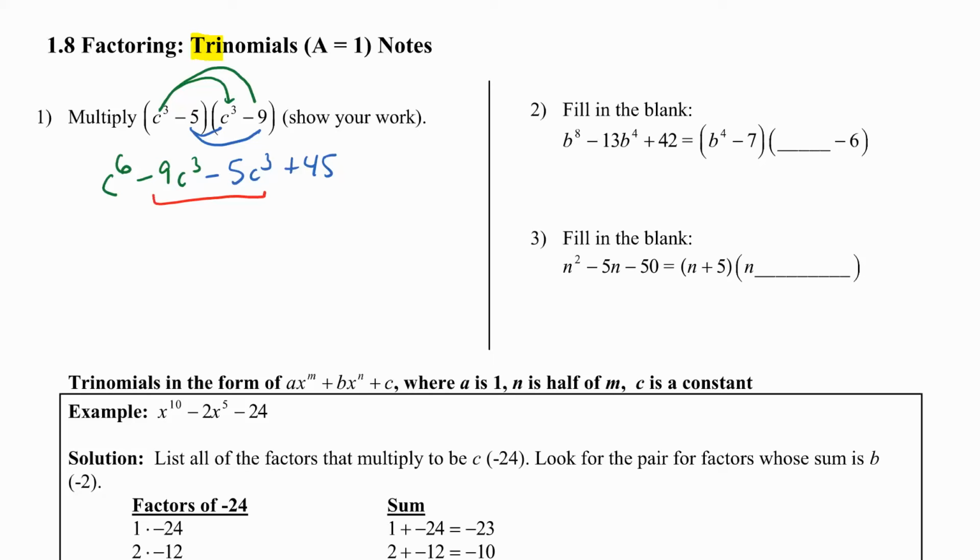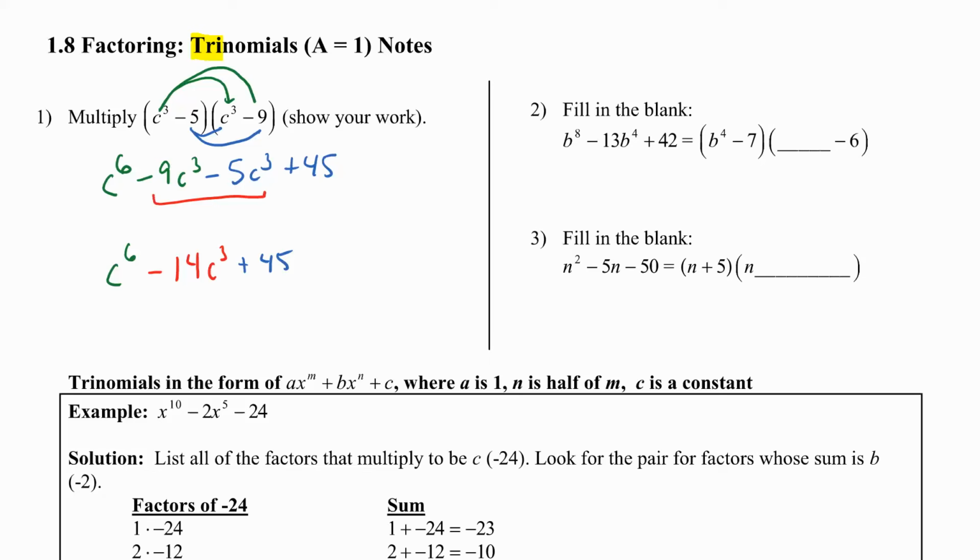So we have c to the sixth, and we combine negative 9c to the third minus 5c to the third, and that is negative 14c to the third. We can't combine that constant with anything, so we are done. Just bringing that 45 down.